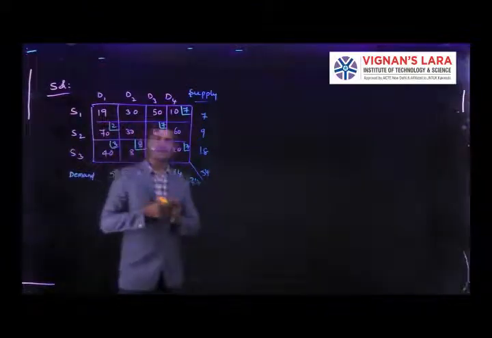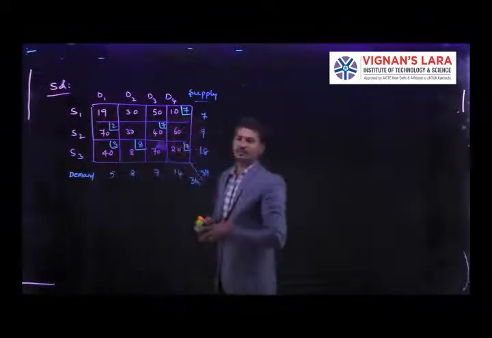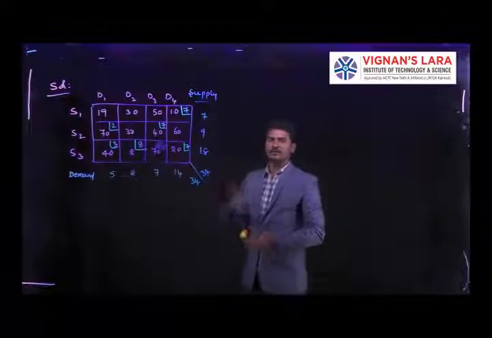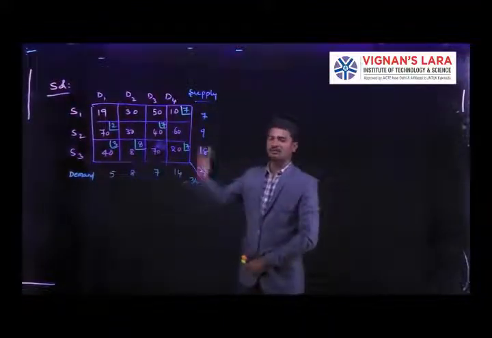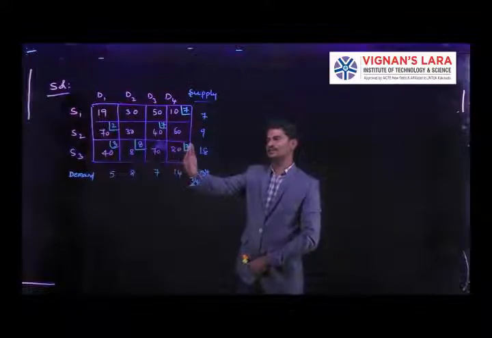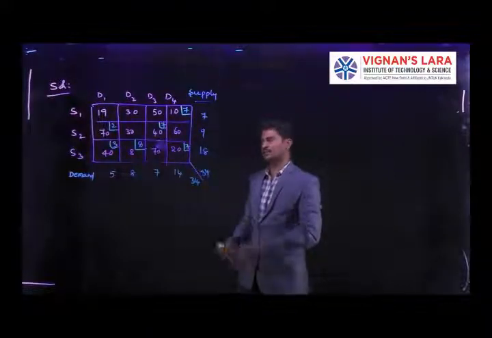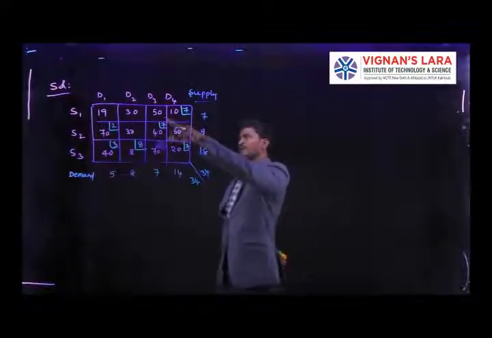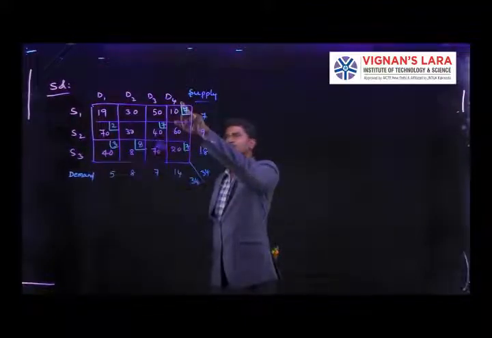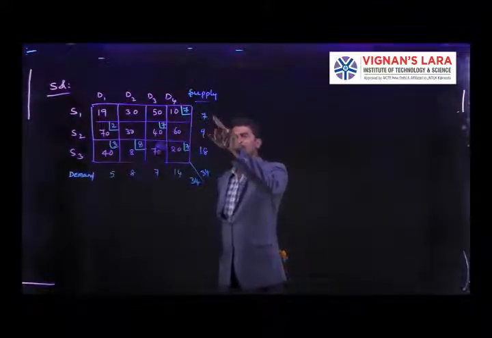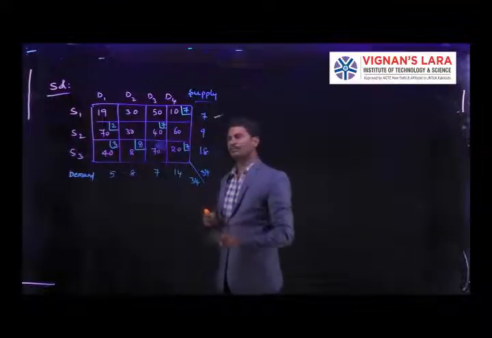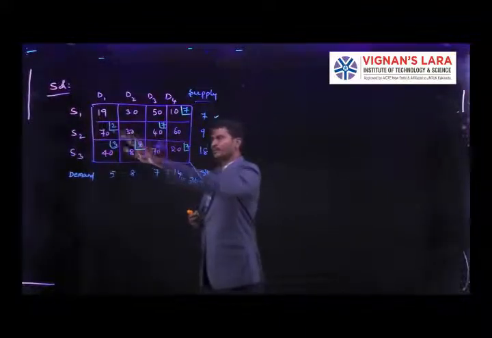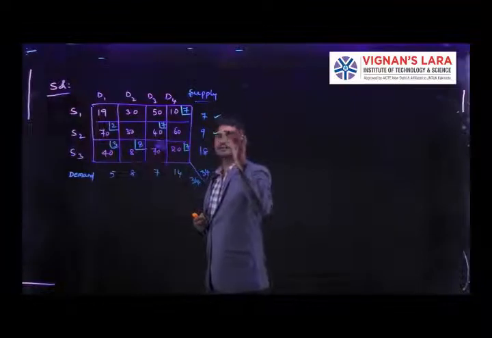Now, after completion of the allocations, we have to find the total cost. Before we calculate the total cost, we have to check that the total supply is satisfied against the total demand. First, coming to the first row, here we allocated 7 units at the 4th station. The total supply we have is only 7 units, so it is satisfied. Next, coming to the second one, here we have 7 units and 2 units, supply is satisfied.